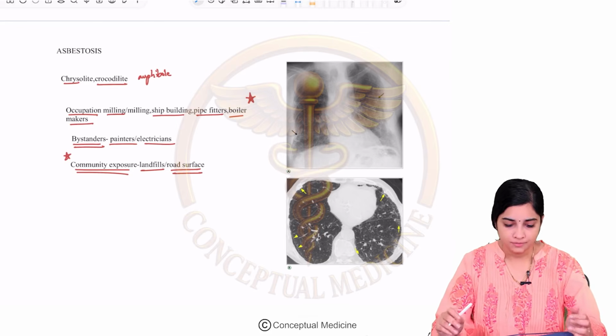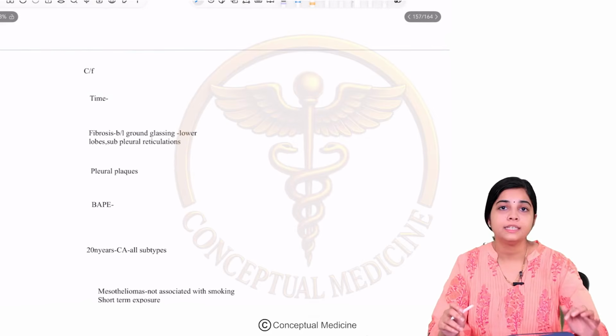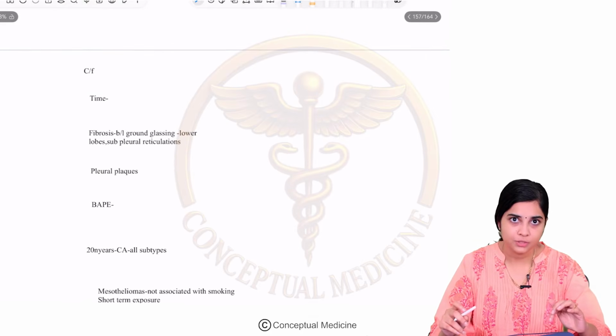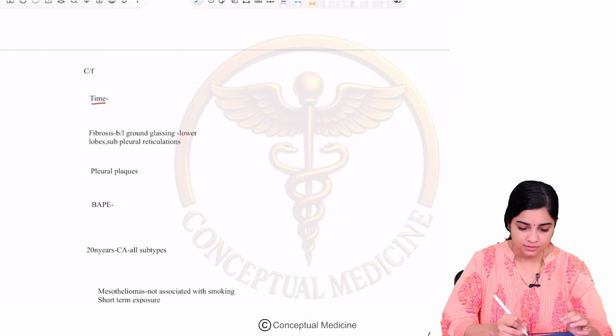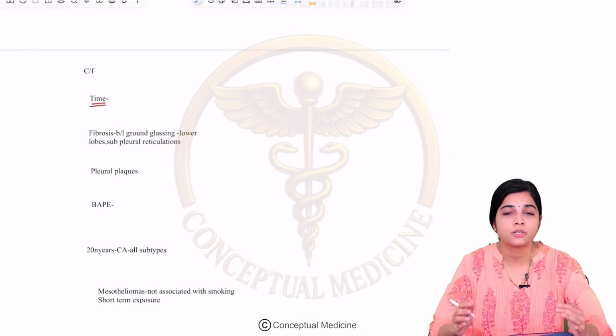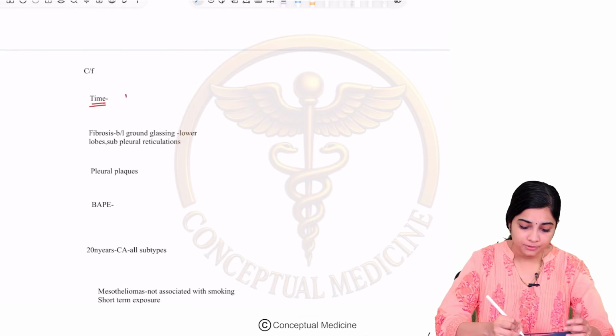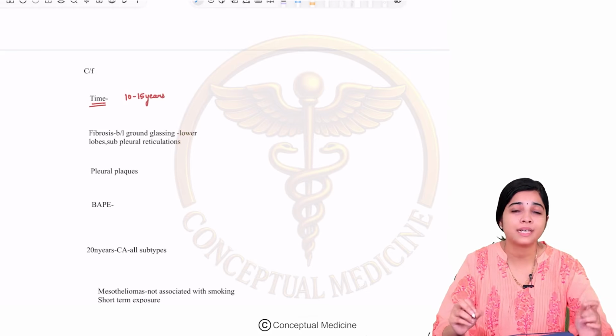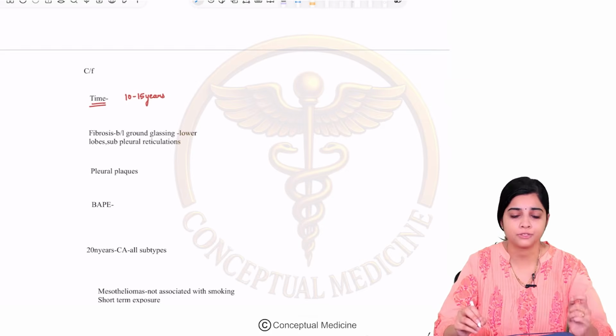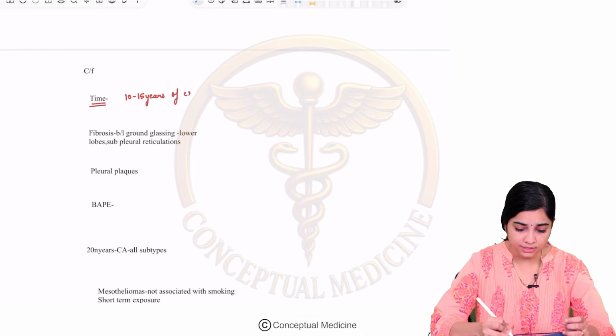Alright, clear? So, what are the clinical features of asbestosis? Asbestosis as a disorder usually occurs after 10 to 15 years of exposure. So, it takes up to 10 to 15 years of chronic exposure for the disorder to take place.